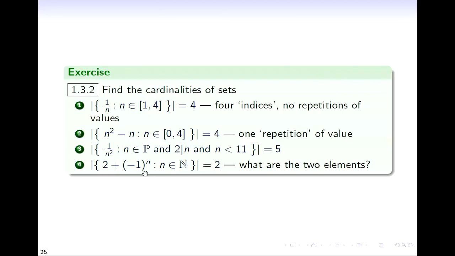And indeed, for this example, we had said that the input, so to speak, is all natural numbers, but the output that we get from the specification is only the two numbers +1 and -1. That also answers this question, what are these two elements? There are only two elements in this implicitly defined set.